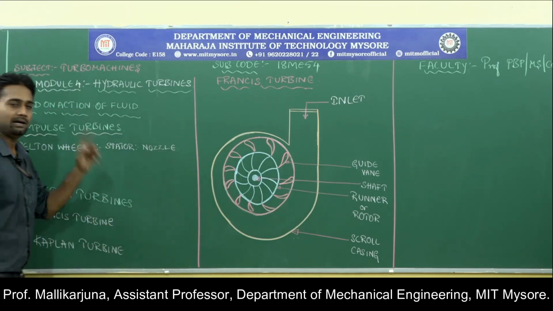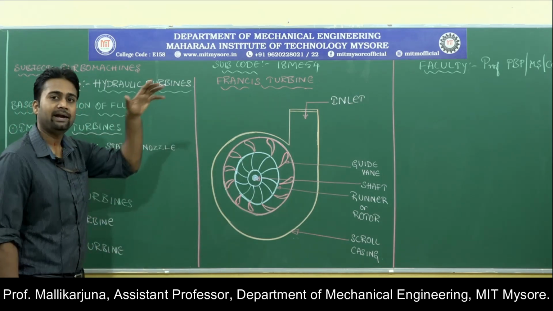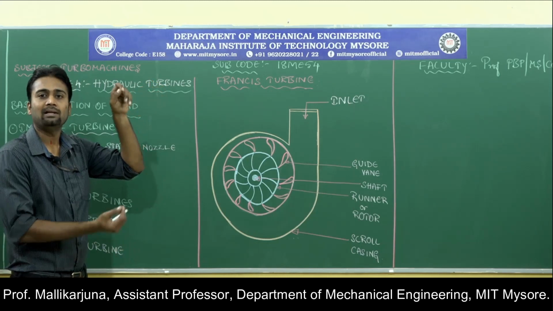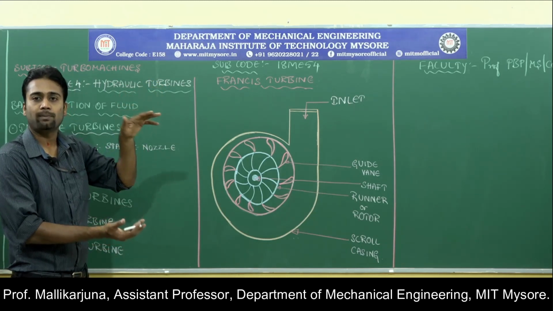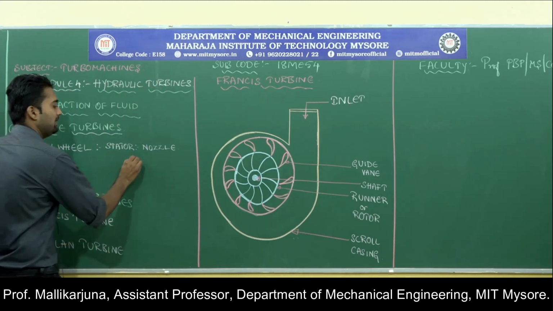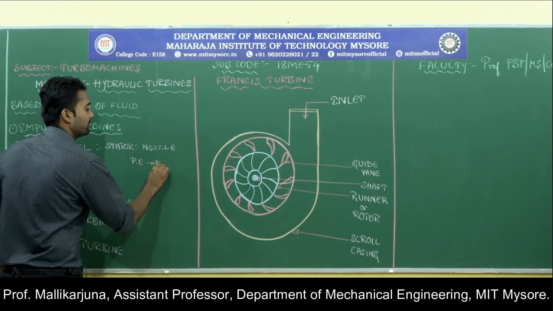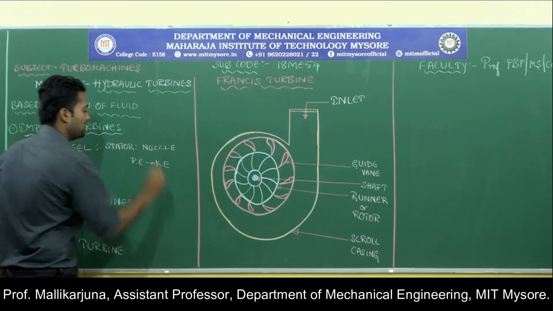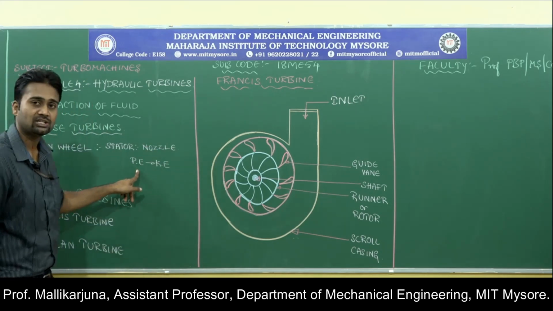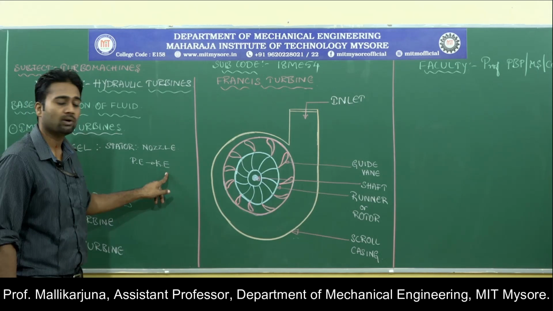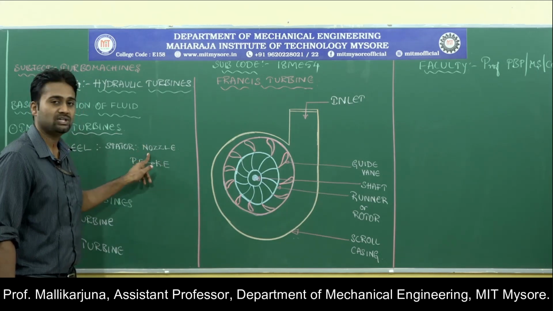In the stator, I mean in the nozzle, the head possessed by the water, I mean the potential energy possessed by the water, will be completely converted into kinetic energy. That means the entire potential energy, or you can call it the pressure energy of the water, will be completely converted into kinetic energy in the stator.